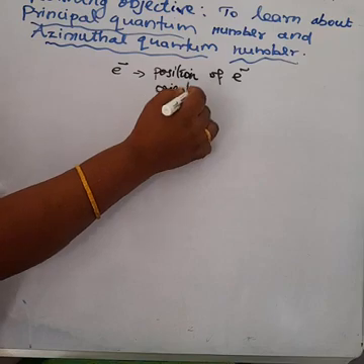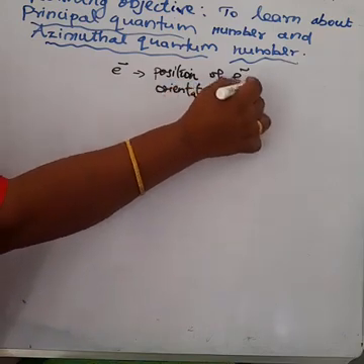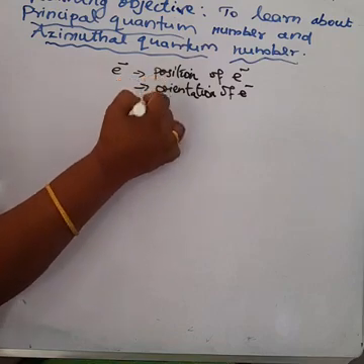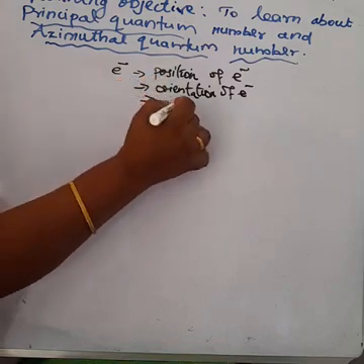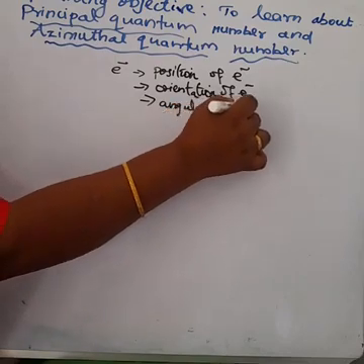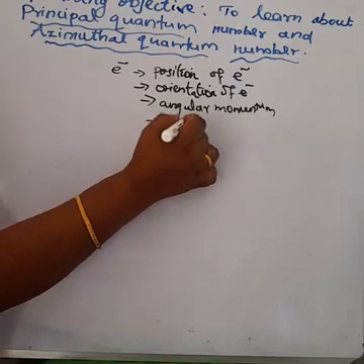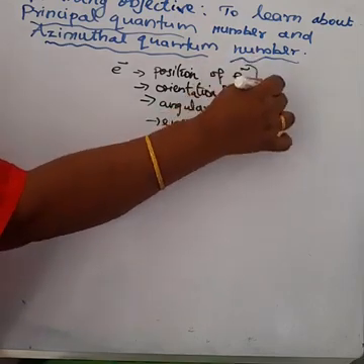Orientation means direction, the direction of electrons in an orbital, and then the angular momentum and the energy of the orbitals. These characters are explained by the set of 4 quantum numbers.